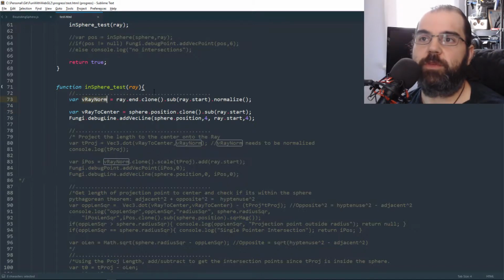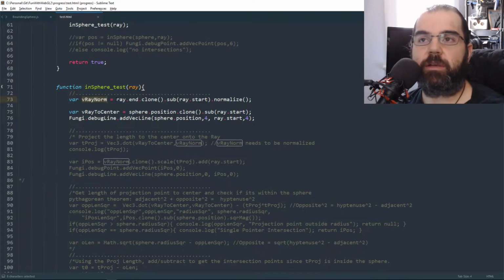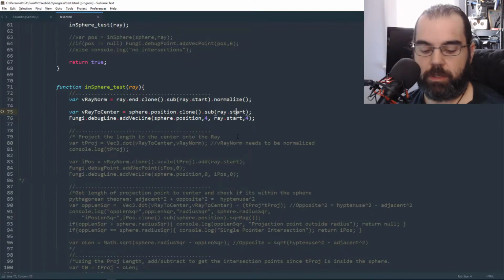First thing, we have to find out the direction of our array. Sometimes we can get away with using the vector length, but to do spheres we need the unit direction, not the vector length. So we need the normalized vector to do some of the things correctly. Now that we know the direction of the array, we need to find the vector length between the center of the sphere and the start of our array.